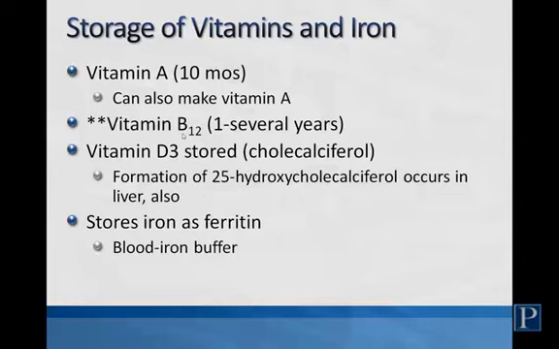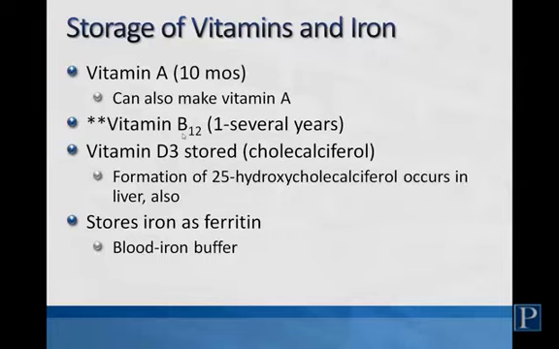Now, when we need to, in the liver, we can convert that to 25-hydroxycholecalciferol. That occurs in the liver, and that circulates in the blood, but that doesn't have as long a lifespan as cholecalciferol. The liver also is a good source of iron.